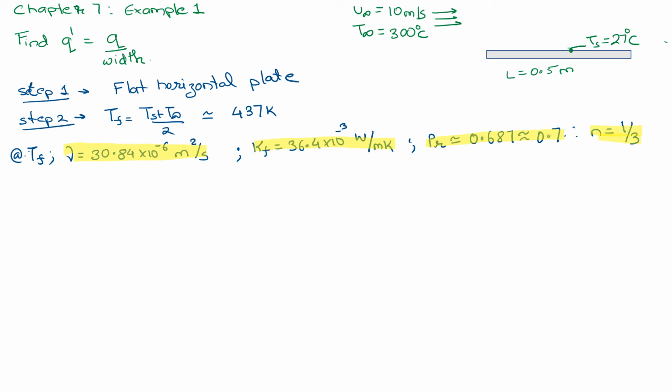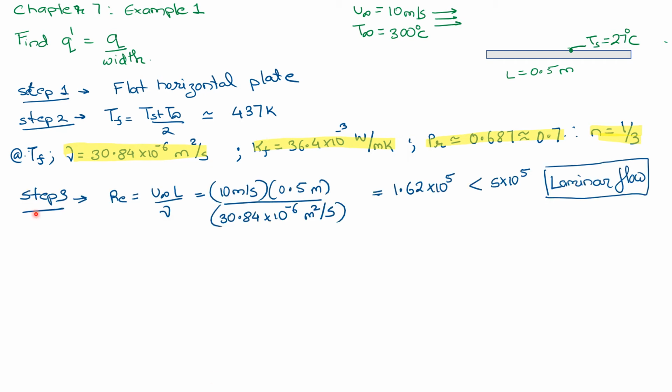According to the Prandtl number, let's say the value of n is 1 by 3. In the next example video, I'll tell you how to read these values from table A.4. But for the purpose of this problem, let's say these are the values that I've calculated from the table.